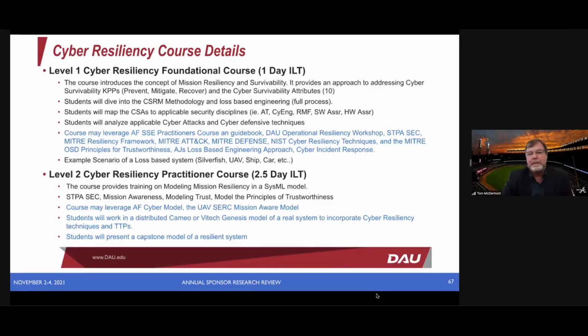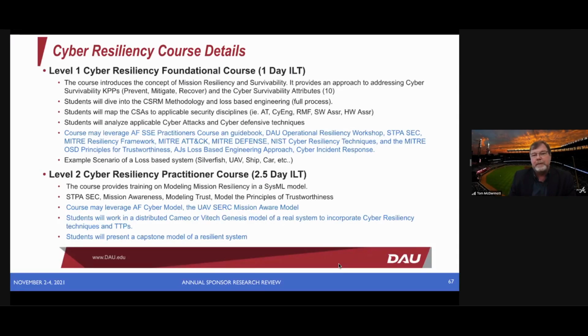As we worked our way through this process and developed a nice example model, we developed this tutorial to effectively show people you can walk through this resiliency problem as an end-to-end process. Taking this and encoding it into what DAU needs to teach in terms of acquisition people developing specifications and evaluating designs is the next step that we've been asked to do.